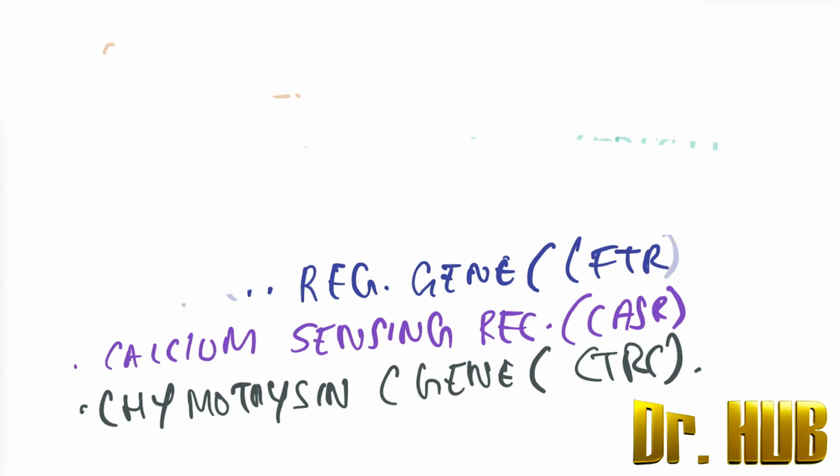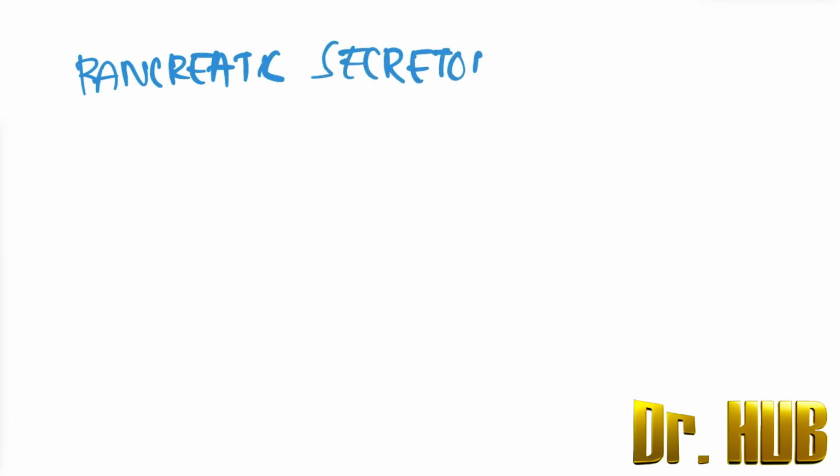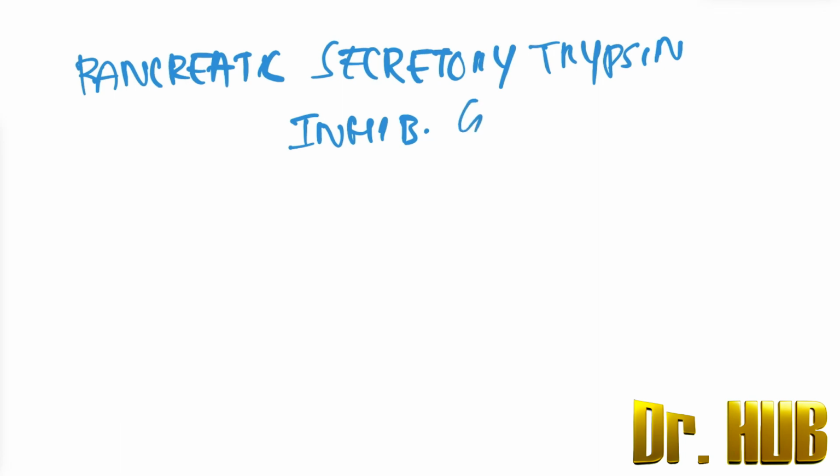Lastly, there is the pancreatic secretory trypsin inhibitor gene, in short known as SPINK1. So we saw PRSS1, CFTR, then CASR, then CTRC, and SPINK1.